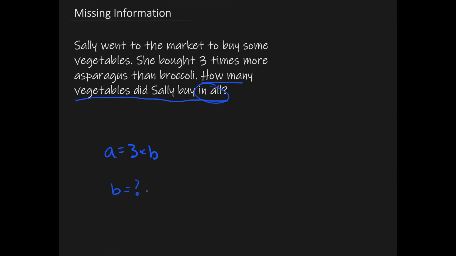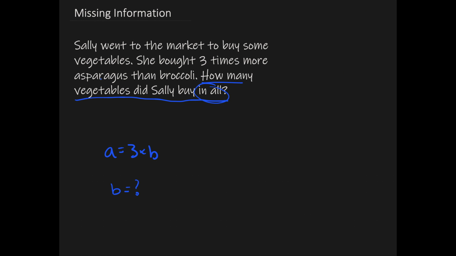If everything in the equation is a variable, which means we don't know it, we can't solve it. Why? Missing information. In order to figure out what 3 times more asparagus than broccoli is, we need to know what broccoli is.